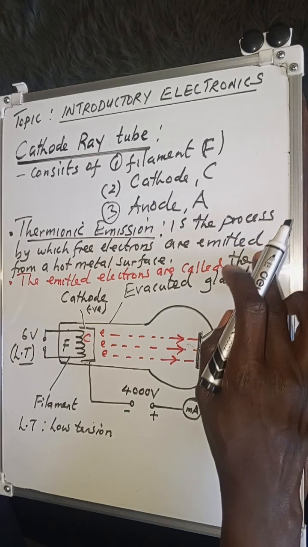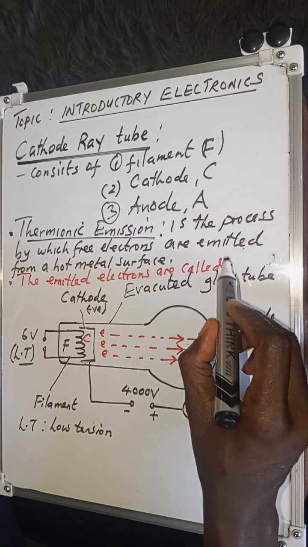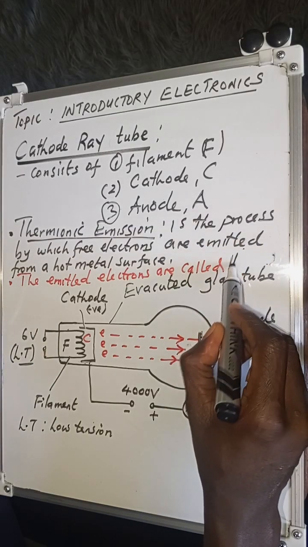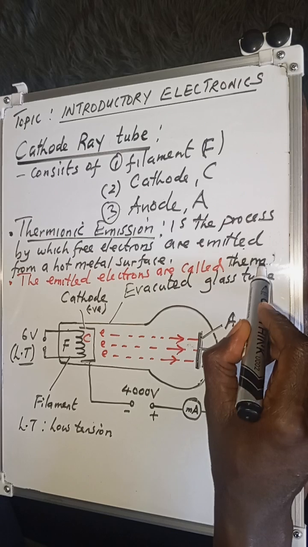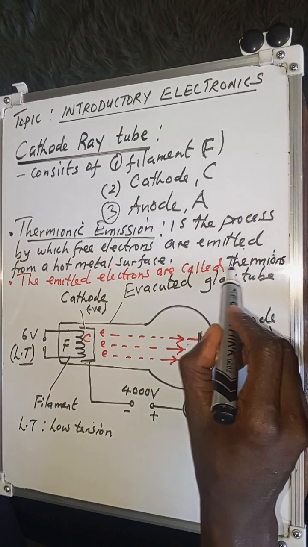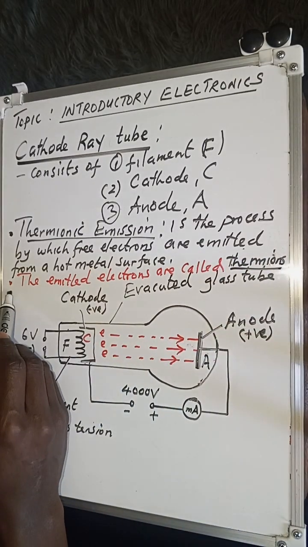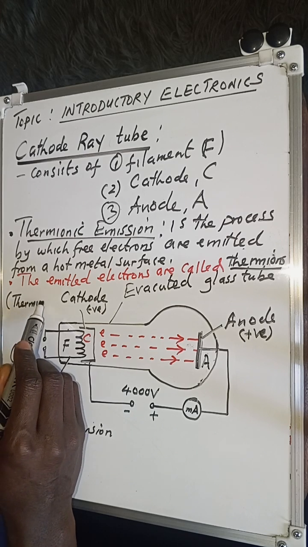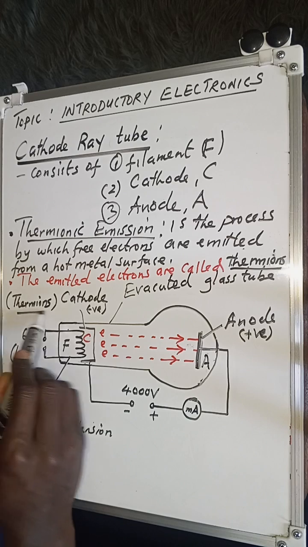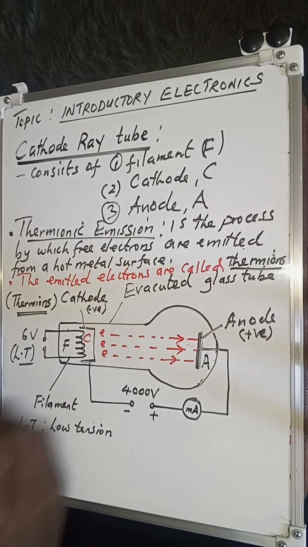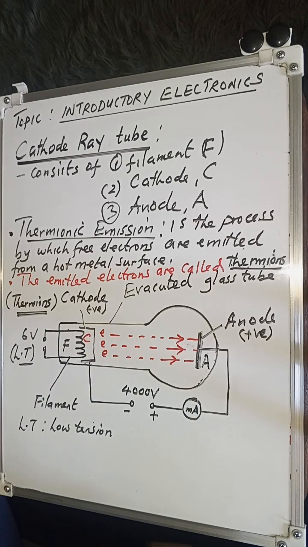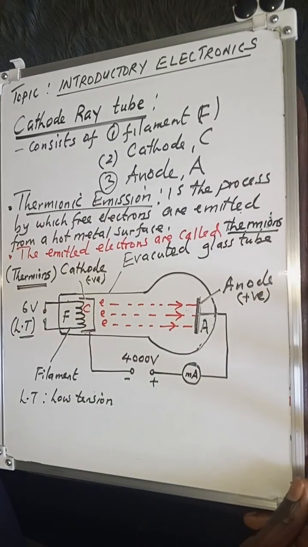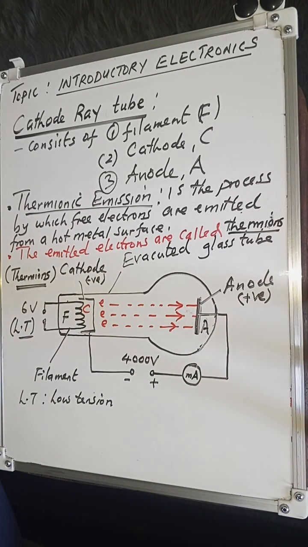I hope you're able to see that. Let me just write that one, my space is limited. So they are called thermions. If you're not able to see it in that direction, this is the word thermions. So the emitted electrons are simply called thermions. That is what you need to remember in this discussion.